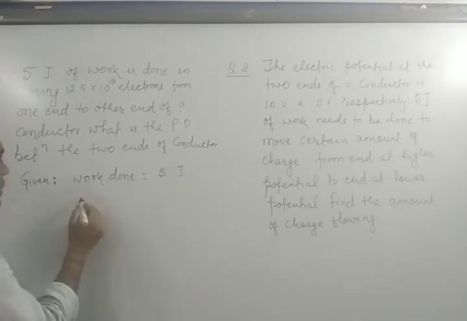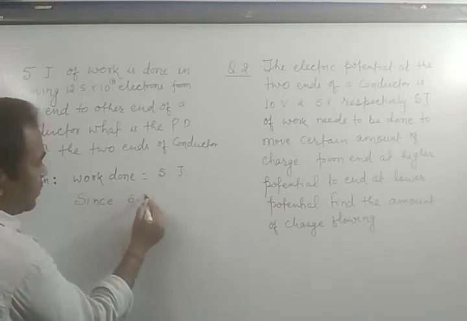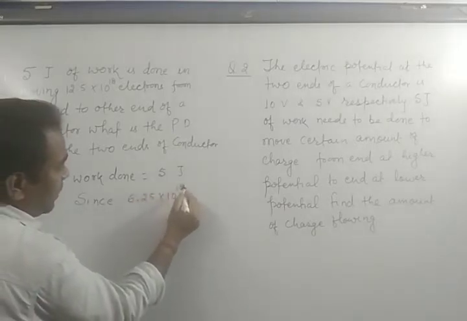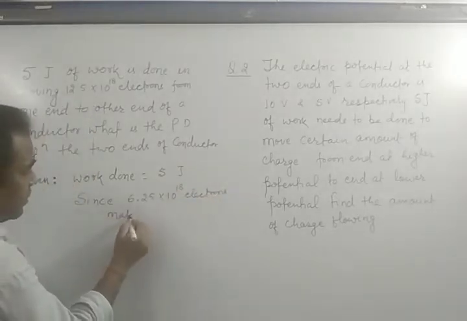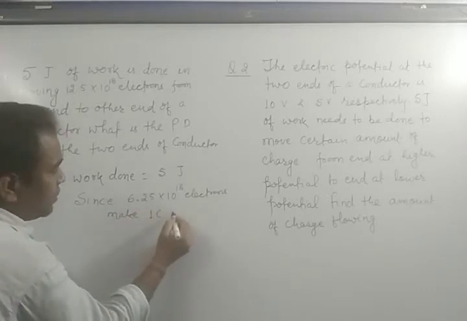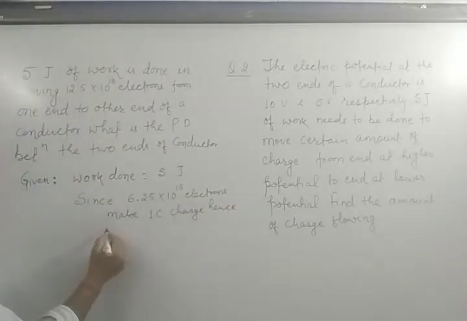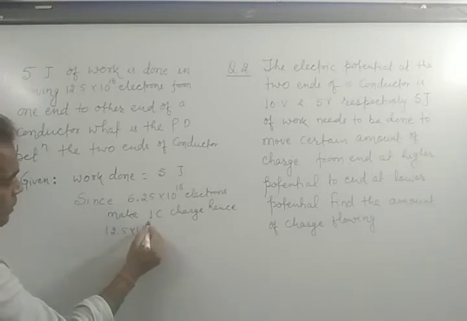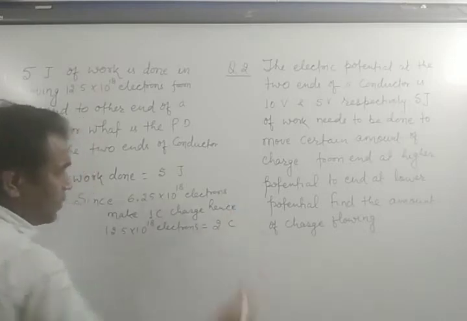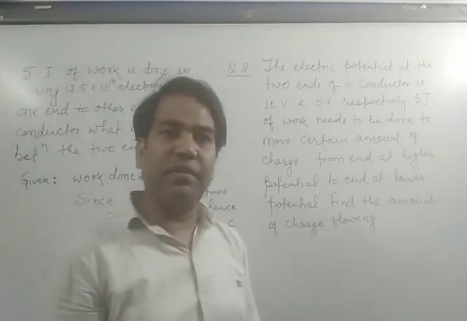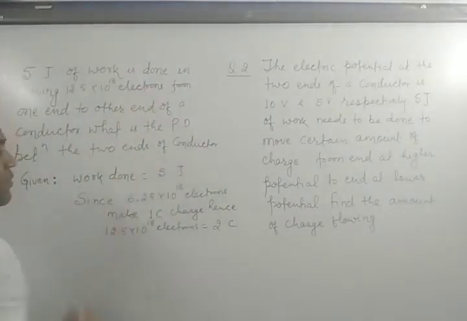So we will write here that since 6.25 into 10 to the power 18 electrons make 1 coulomb charge, hence 12.5 into 10 to the power 18 electrons is equal to how much charge? 2 coulomb. Now we have the value of charge, 2 coulomb, and we have work done also.